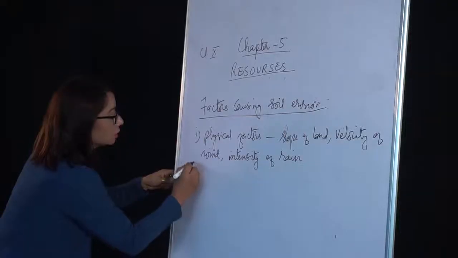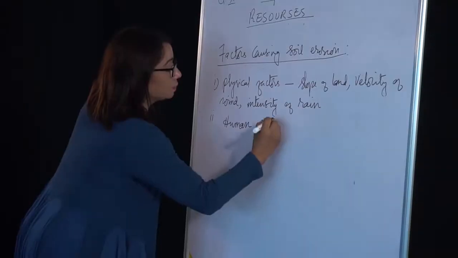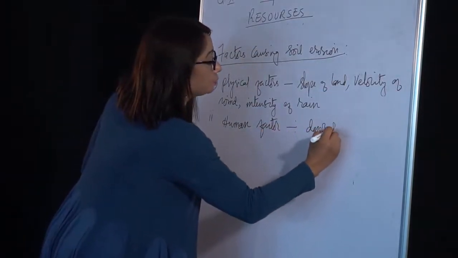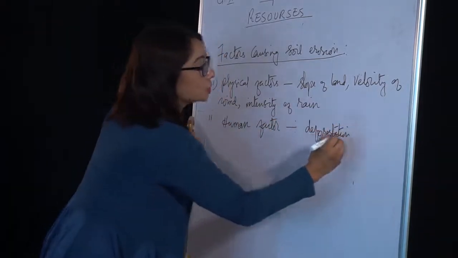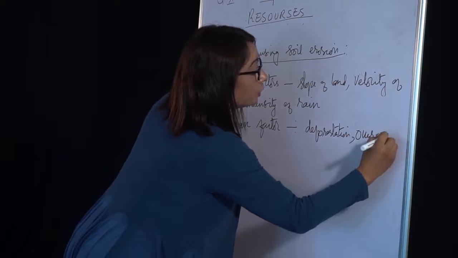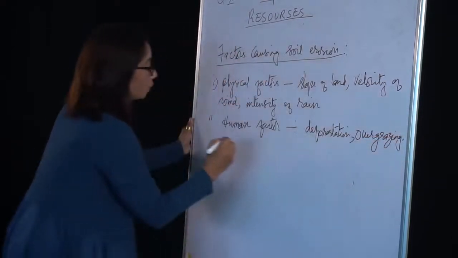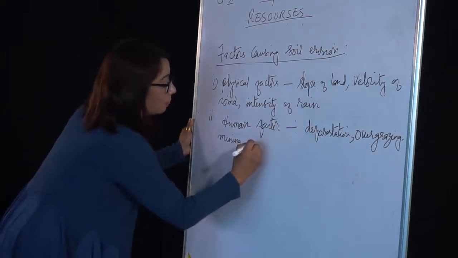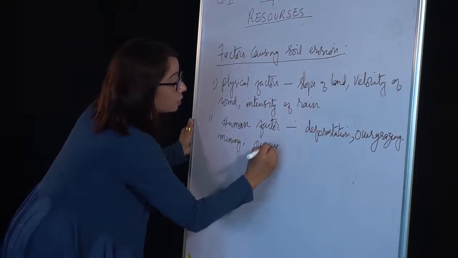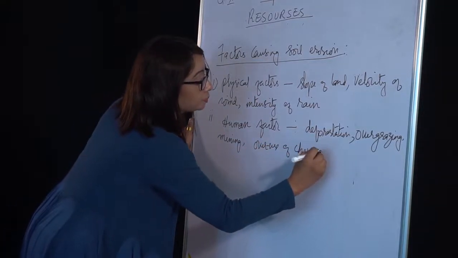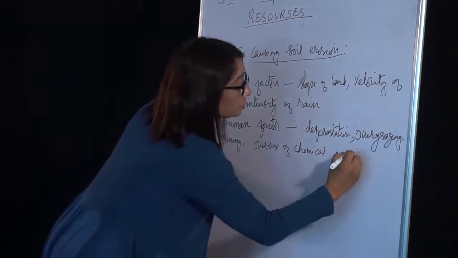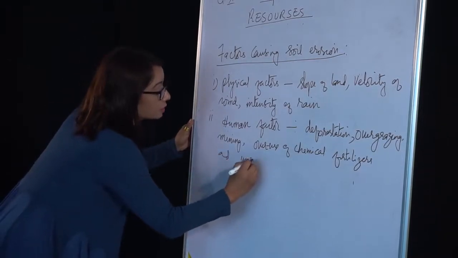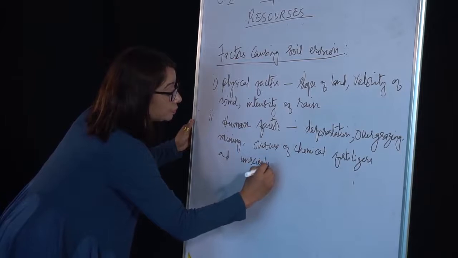The second one is human factors. And human factors include deforestation, overgrazing of animals, mining, overuse of chemical fertilizers, and also unscientific farming methods.